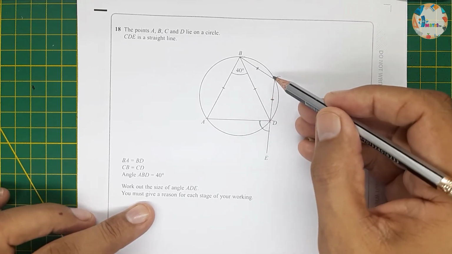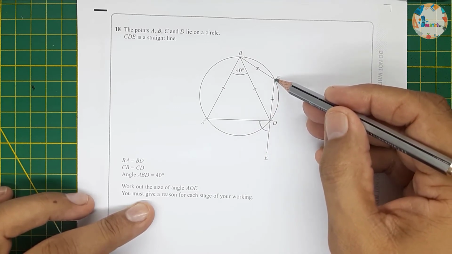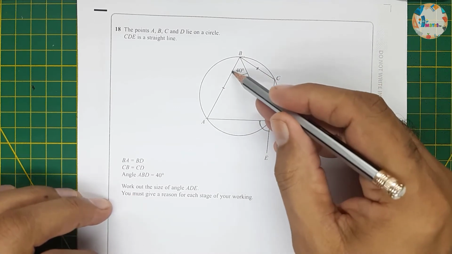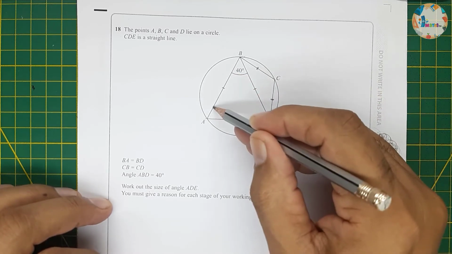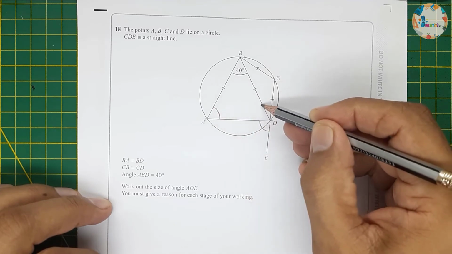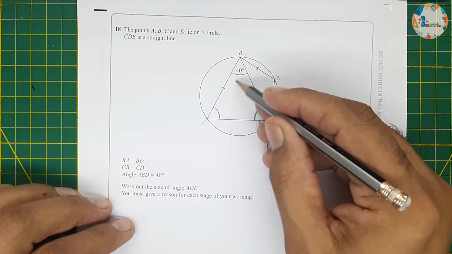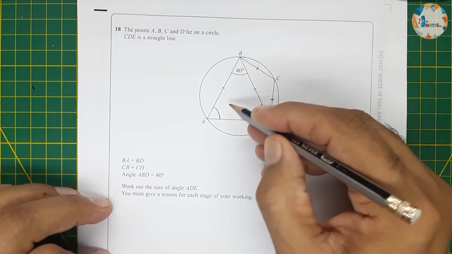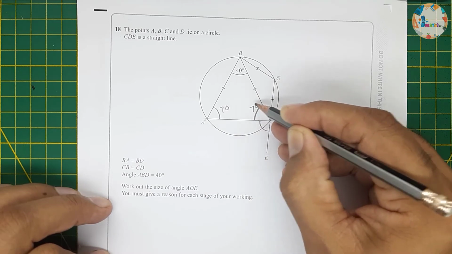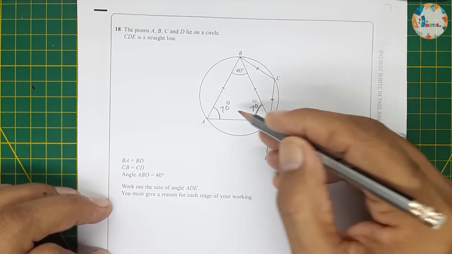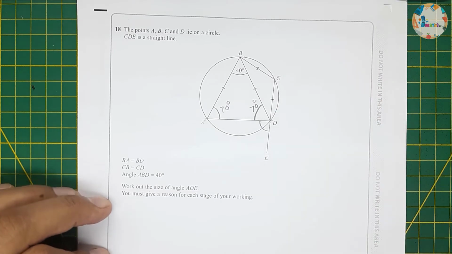So this is a cyclic quadrilateral. This angle is 40 degrees and this side is equal to this side, so this angle will be equal to this angle. 180 minus 40 is 140, so each is 70, and this angle will also be 70 degrees. Then we can calculate the rest of the angles.